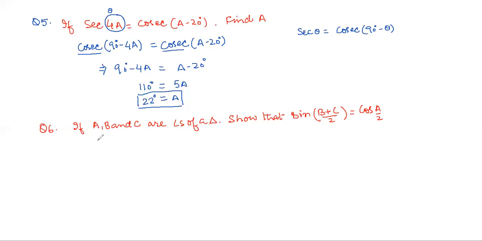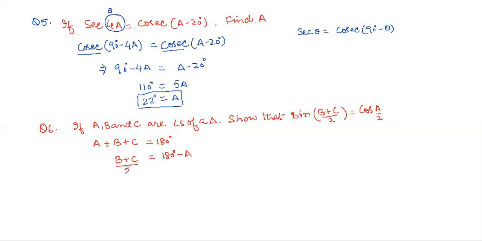property of the triangle. So you know, if these three are the angles of a triangle, then A plus B plus C is equal to 180 degree. We need to find out the value of B plus C by 2. So let's take this A that side. So this is 180 degree minus A. Let's divide both the sides by 2.